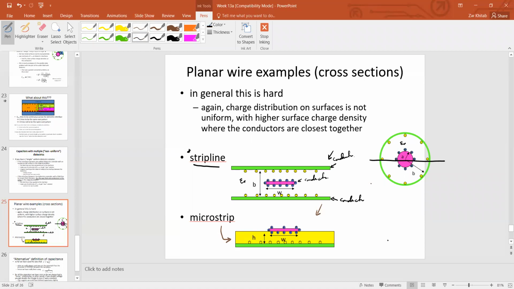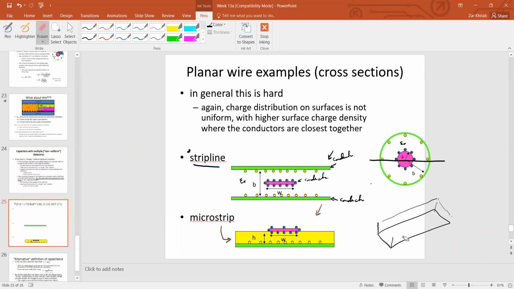See, say we have this metal, right? Upon this metal, say we have this sort of dielectric. Let my dielectric be a little bit green.